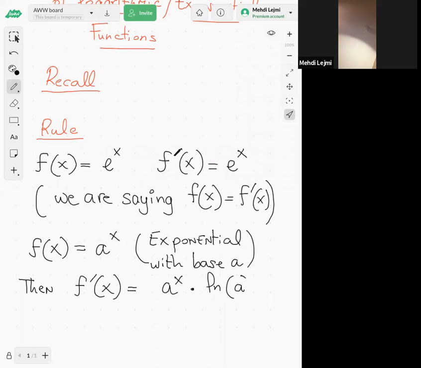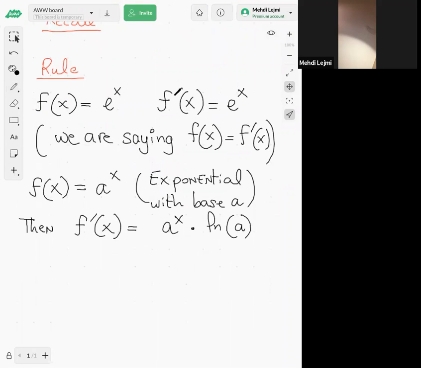When I say natural log of a, I mean log in base e.